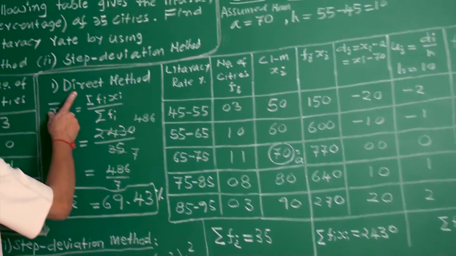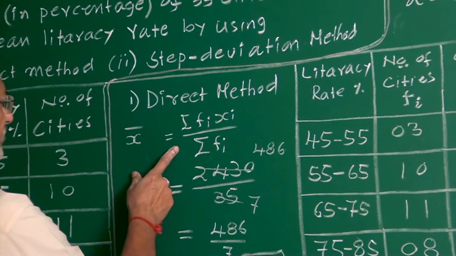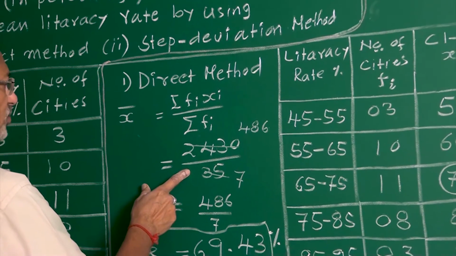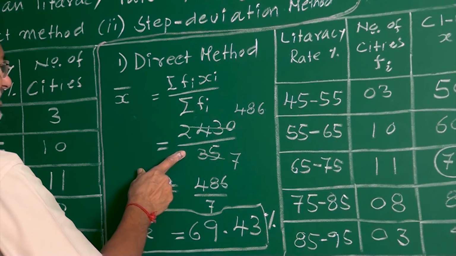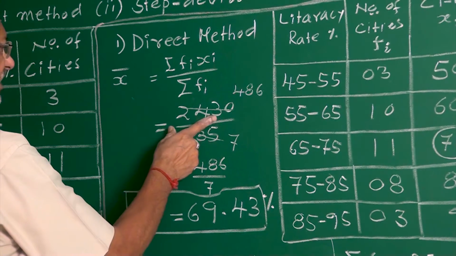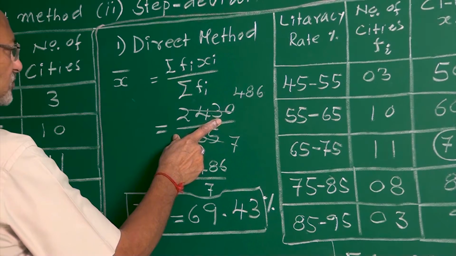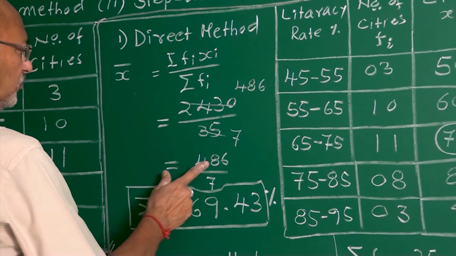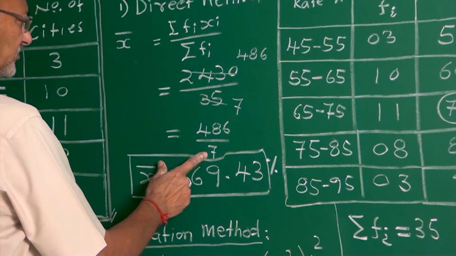First, the direct method. This is the formula to find x bar, the mean. Substitute the values and cancel with 5. The result is 486 upon 7.